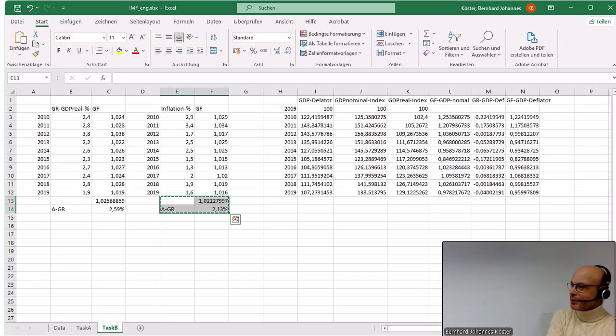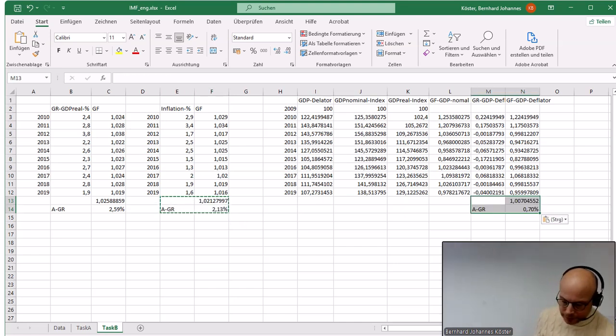And since I have done all these calculations technically in the same way, I can just copy and paste it to the right. And this would be then my result for the average growth of the GDP deflator.